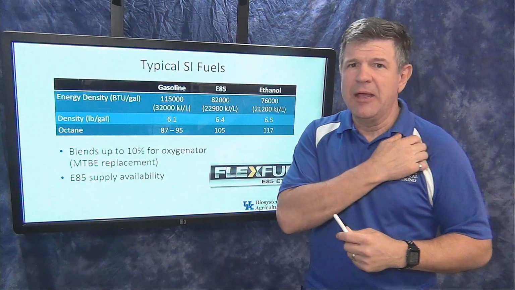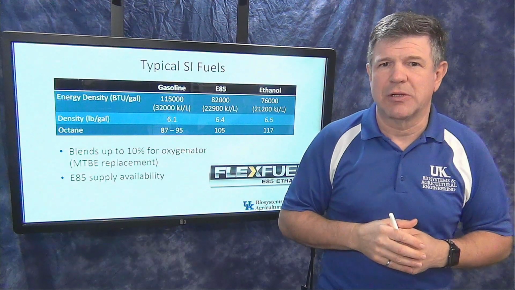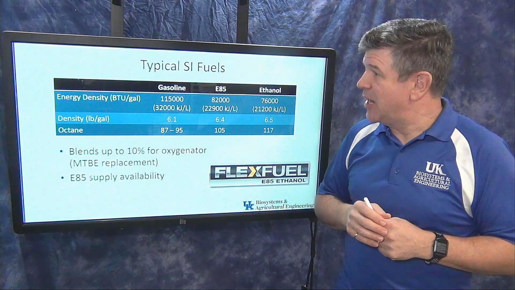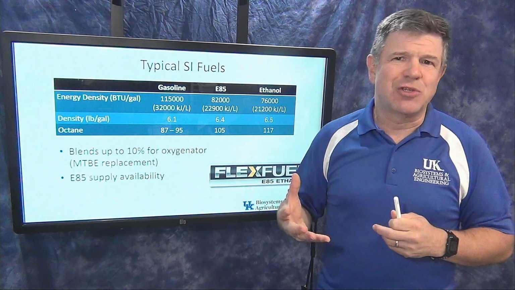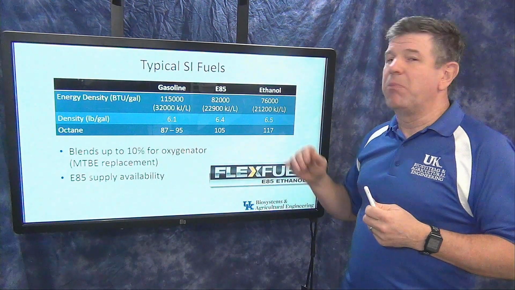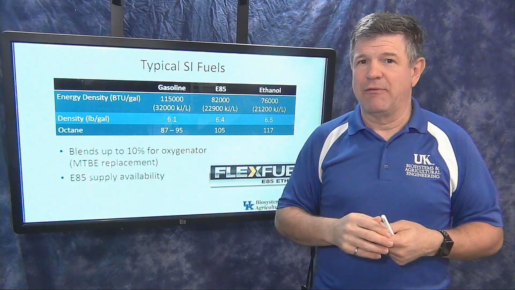But let's dig into some of these properties and start putting some numbers on them. So let's look at typical fuels for a spark ignition engine. Again, we can put a lot of different kinds of fuels in engines. The most common that we're going to be talking about is either gasoline or some blend with ethanol. But it could be a lot of different fuels.